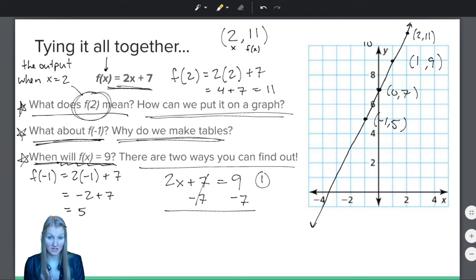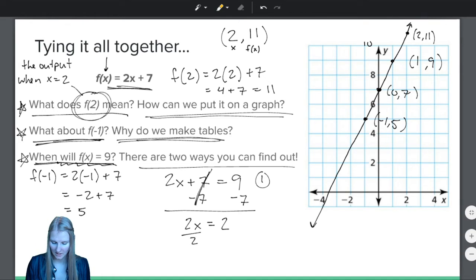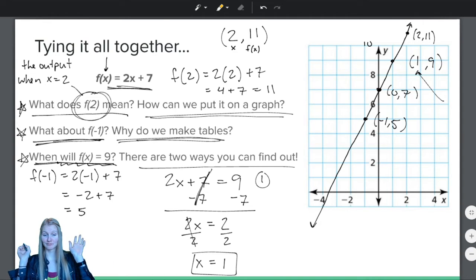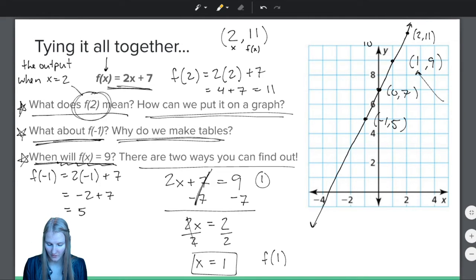We subtract 7 from both sides so that the 7 goes away. We have 2x equals 9 minus 7, which is 2. I divide by 2 on both sides, and I get x equals 1. Oh, hey, that's what we had up there. So f of x will equal 9 when x is 1, or f of 1 is equal to 9.